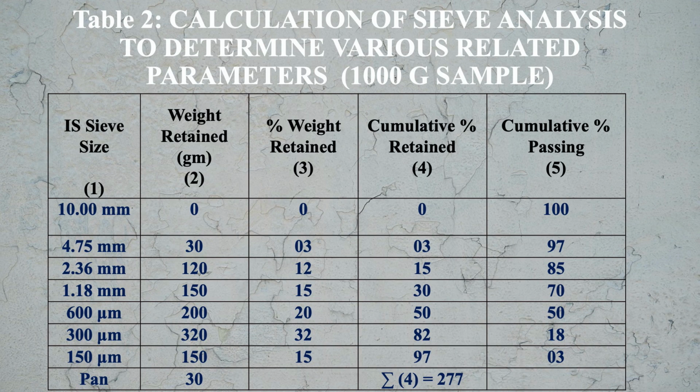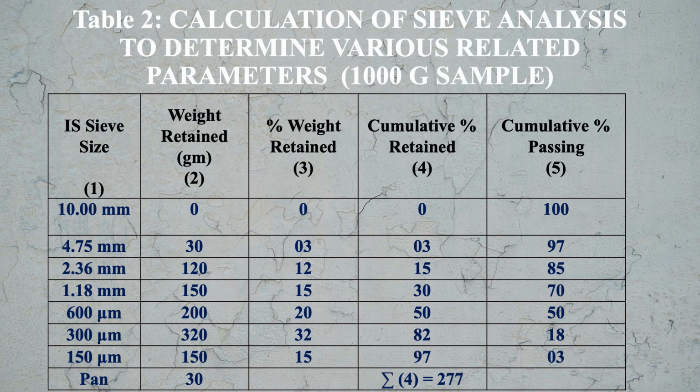For example, for 2.36 mm sieve, if you see above, it is 0 for 10 mm and 3% for 4.75 mm, and for 2.36 mm it is 12. So you add all these, 0 plus 3 plus 12, then it comes out to be 15. So that way you can do all the calculations of column 4.